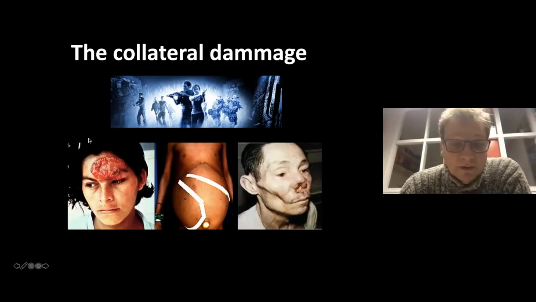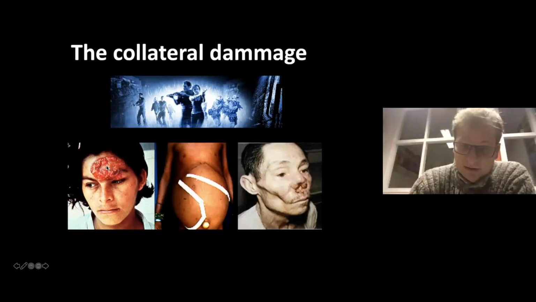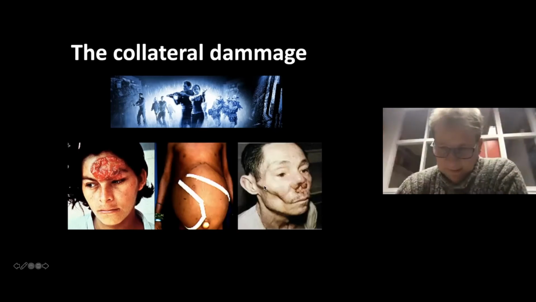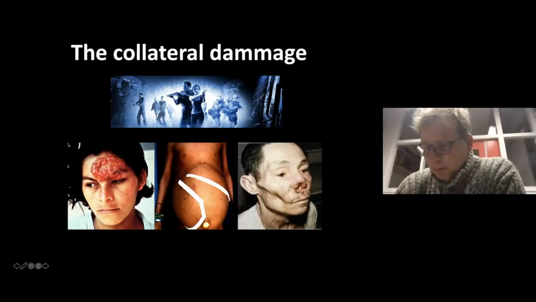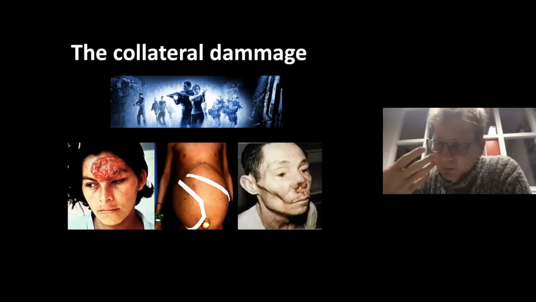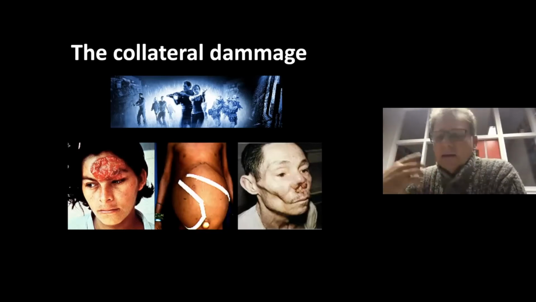You have a cutaneous form where people that are infected in the skin develop these huge lesions, which are normally self-healing, but it takes months and months. On the right side, you have a poor person that is infected with a parasite that goes to the mucosal tissue in the nose. And again, there is a lot of tissue damage in the nose.